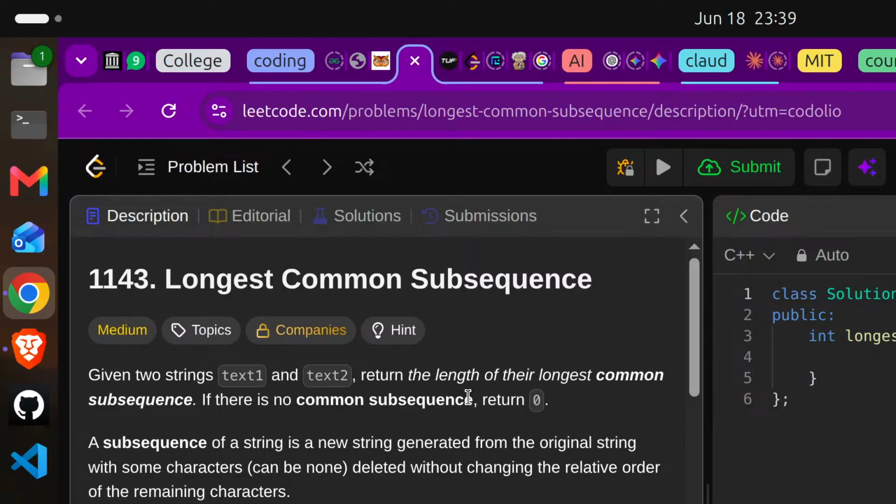So if we start from here, then we get the longest common.